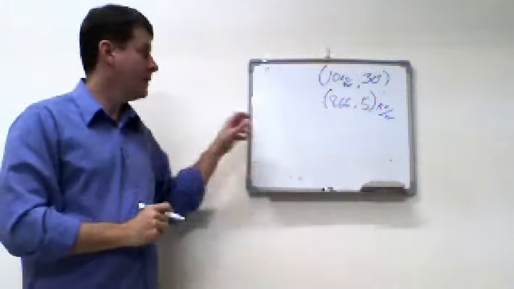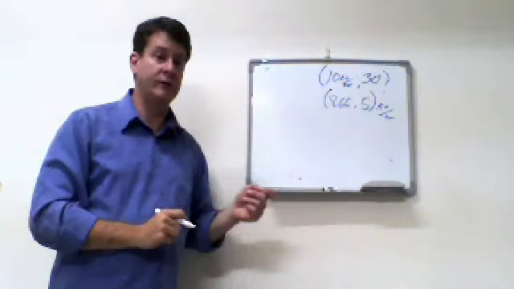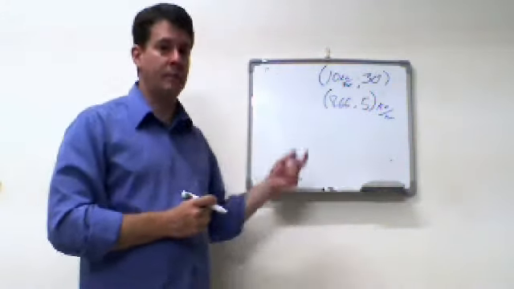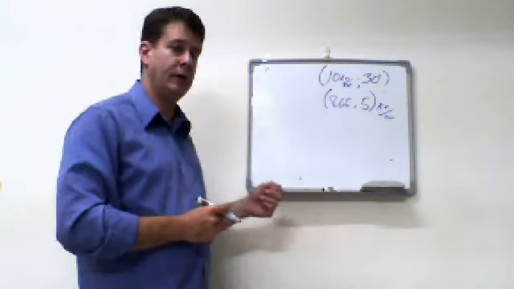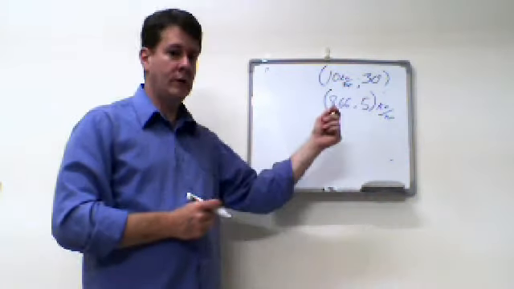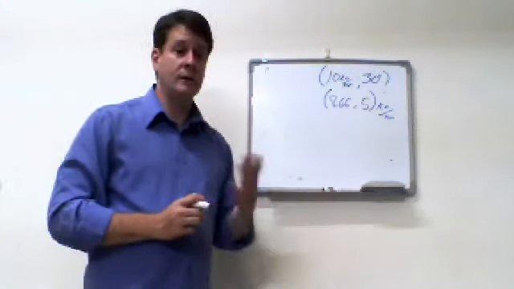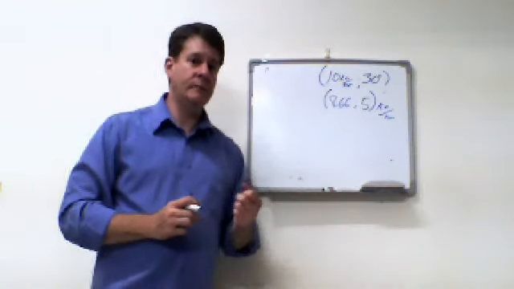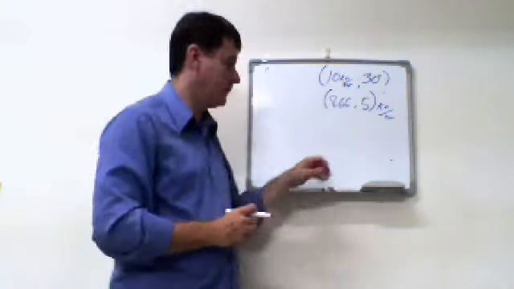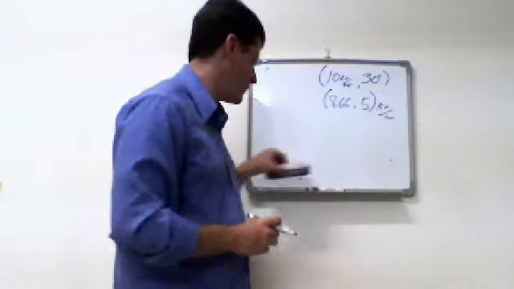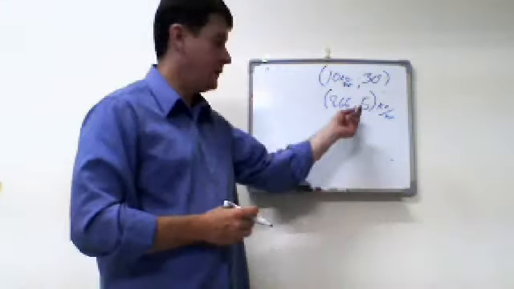Okay? So we have what appears to be our normal way of representing a point in the plane, the x value and the y value. So, I have already decomposed three vectors, and let's take a look at their representations in this system.